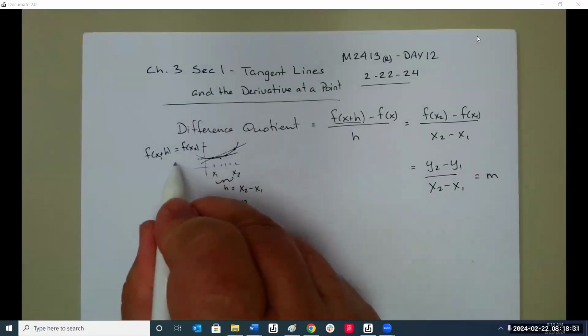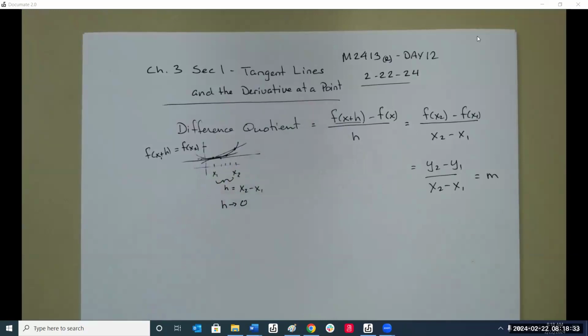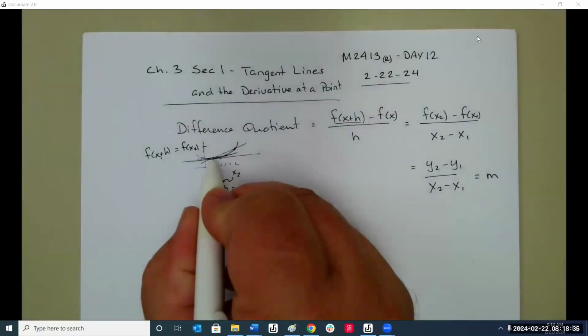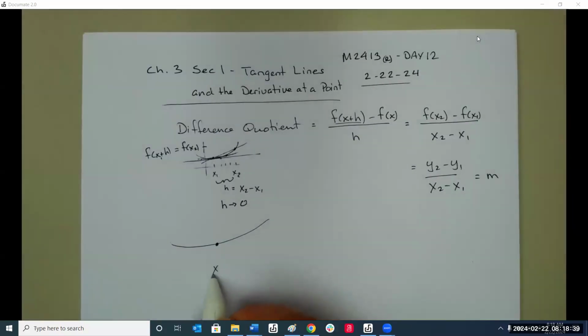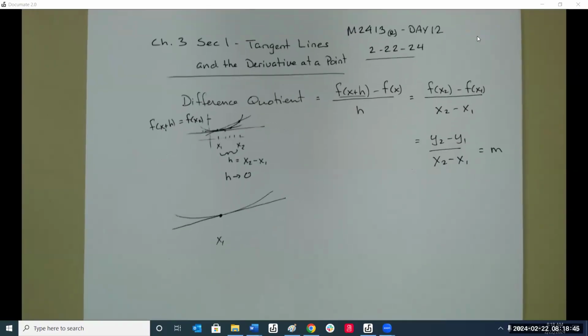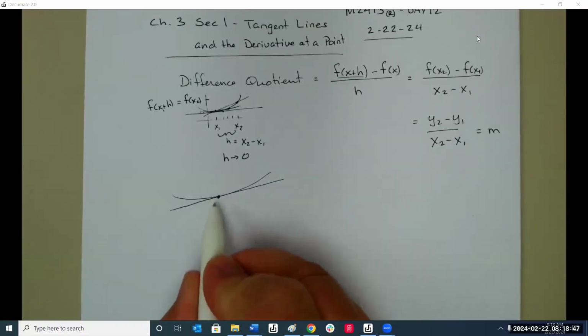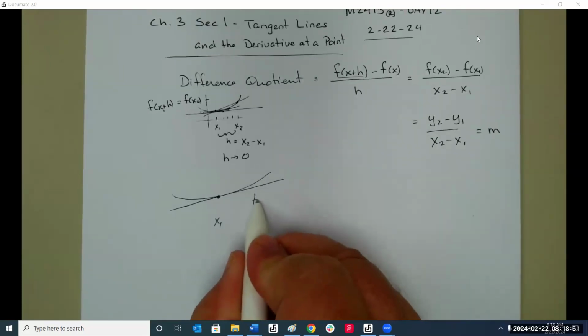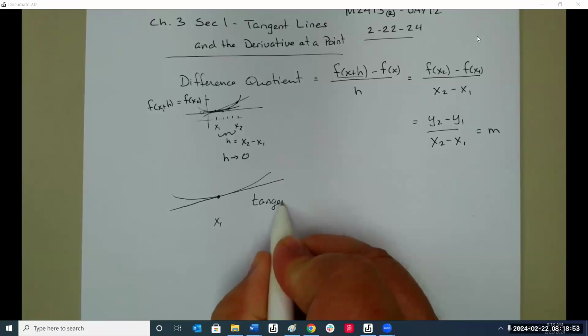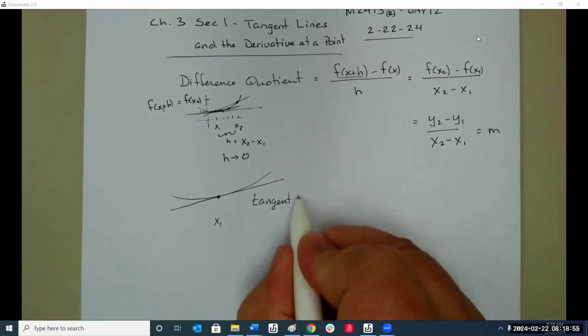Eventually, we'll get to the slope of this one line here. And if you zoom into it, this is at x1, we're looking for that line. What do you call a line that touches a curve at one point? Tangent. This is the tangent line.